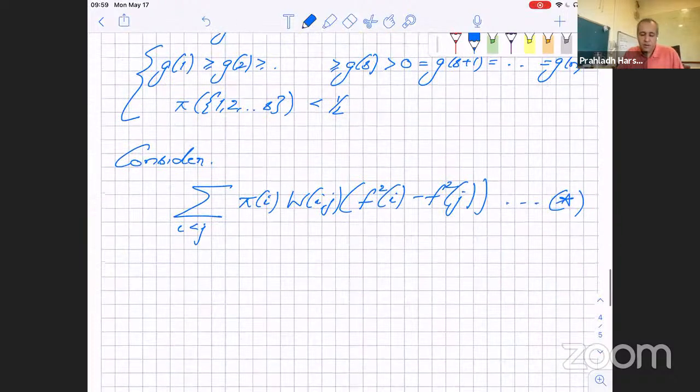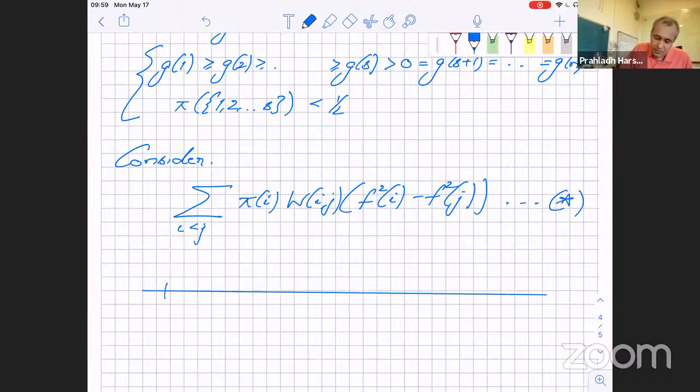What is this quantity? If you look at the vertices on the line, this is G1, G2, sorry, not F, G, G3, all the way up to Gn.